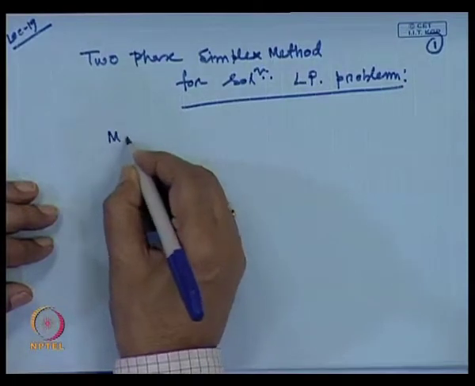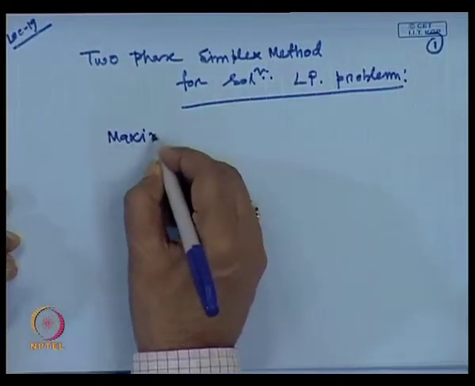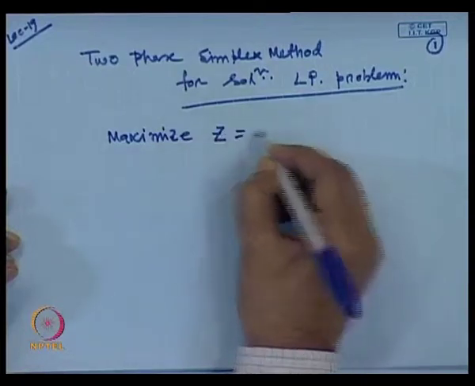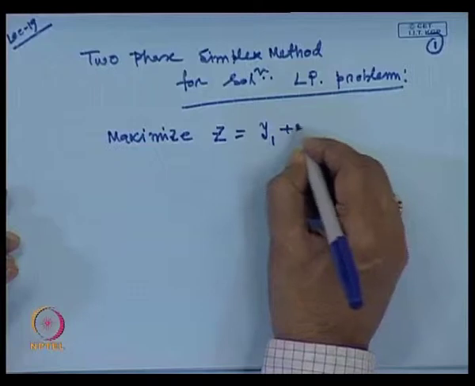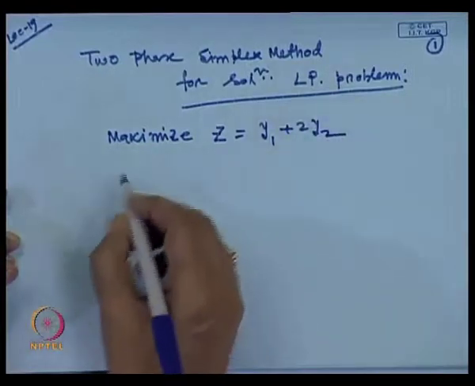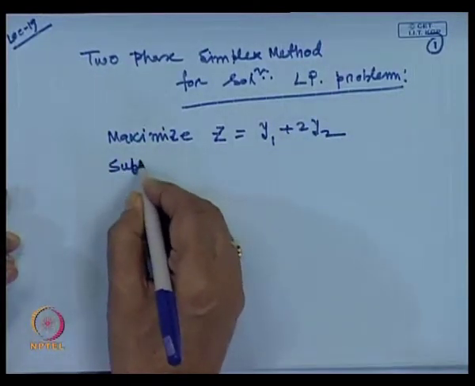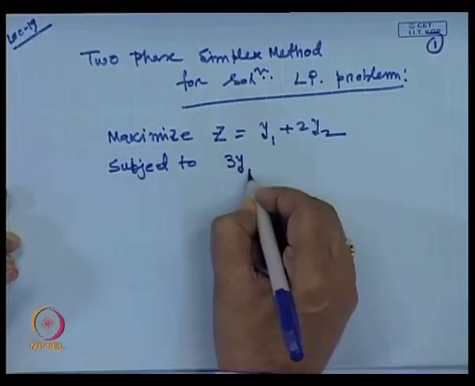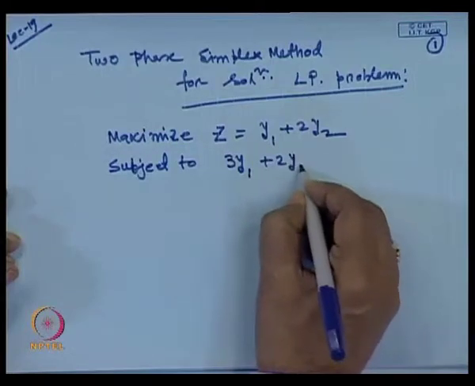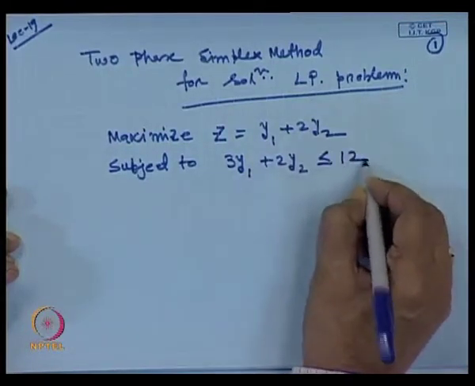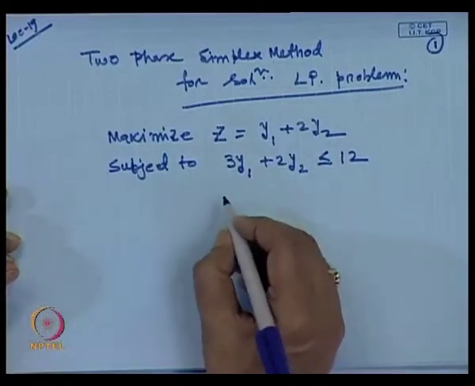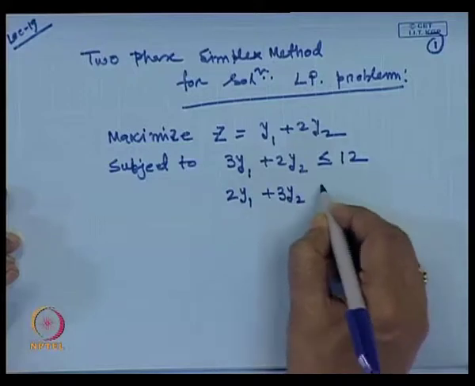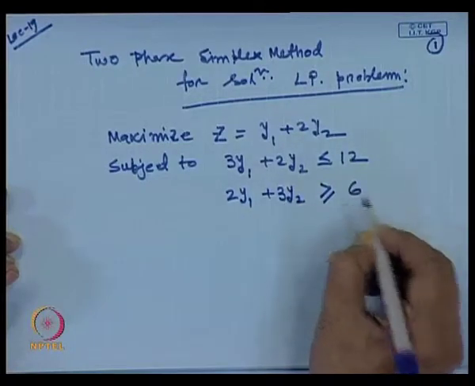Our problem is: maximize z is equal to y 1 plus twice y 2, subject to 3 y 1 plus 2 y 2 is less than or equal to 12, and 2 y 1 plus 3 y 2 is greater than or equal to 6.